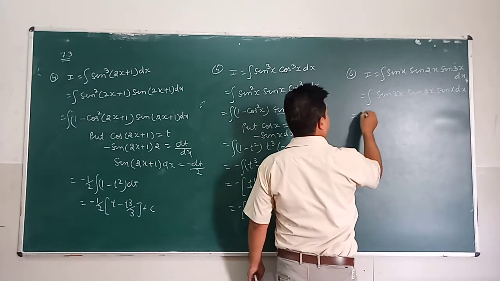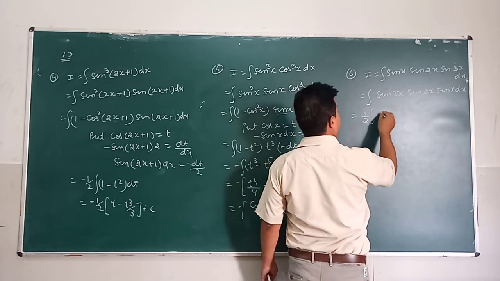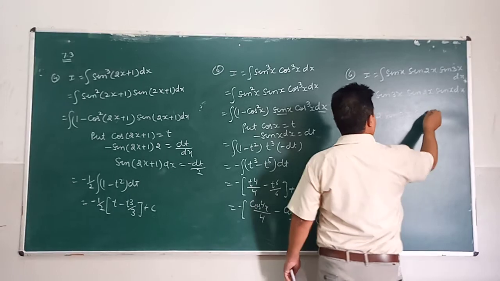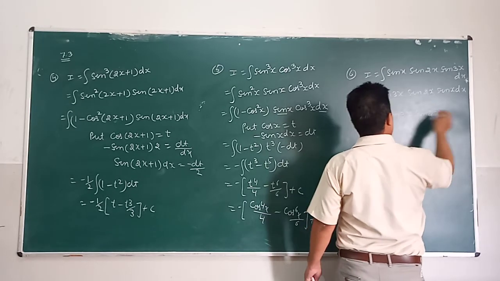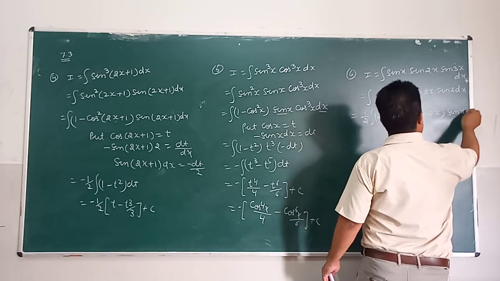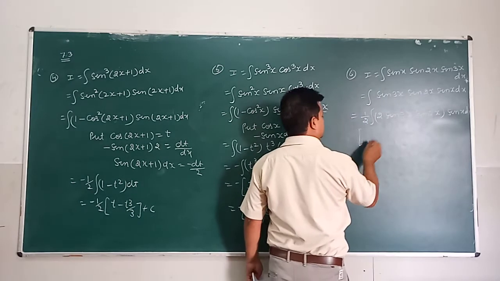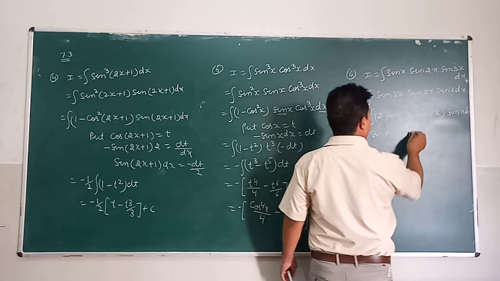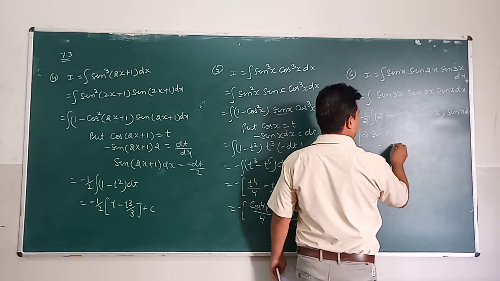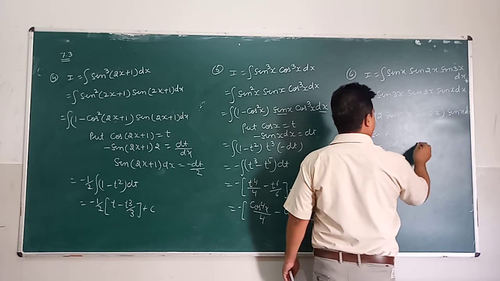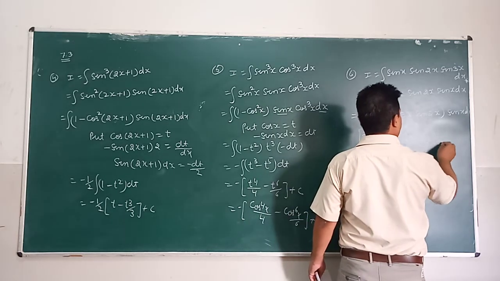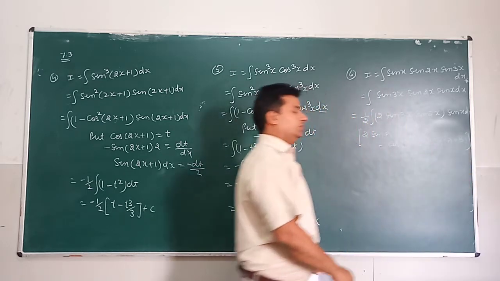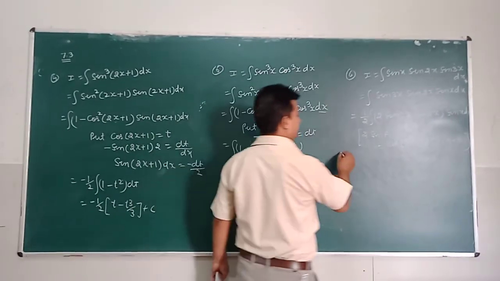After this we divide and multiply this by 2. Use the formula 2 sin a sin b, which is cos(a minus b) minus cos(a plus b). This is the formula of 2 sin a sin b.